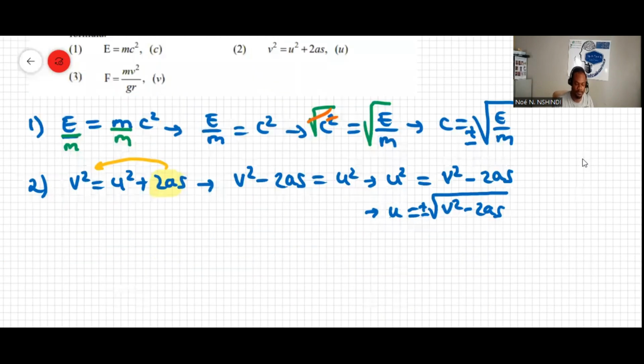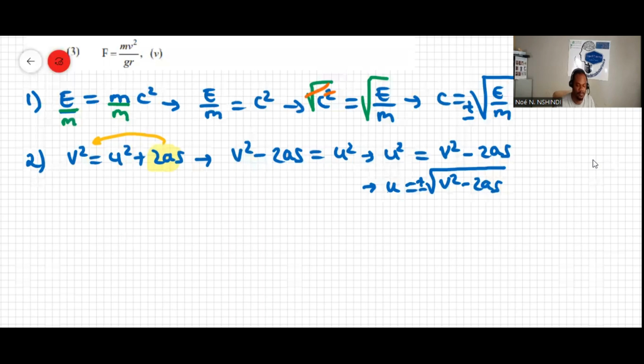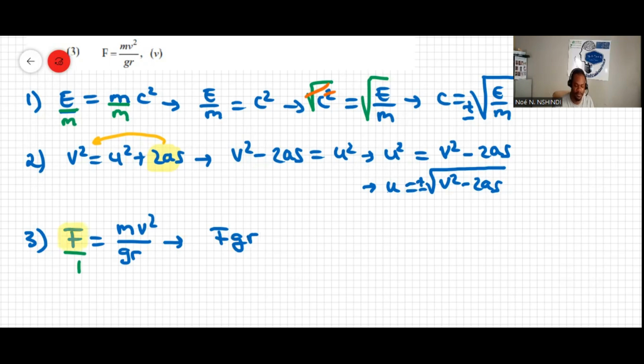Question 3. We have F equal to mv squared over gr. Now we need V the subject of the formula. So we can understand that there is a 1 here, we can cross multiply. So that makes F gr, because I multiply this F with gr, and then I would multiply 1 with mv squared. 1 times mv squared just picks mv squared, because everything times by 1 is that thing.